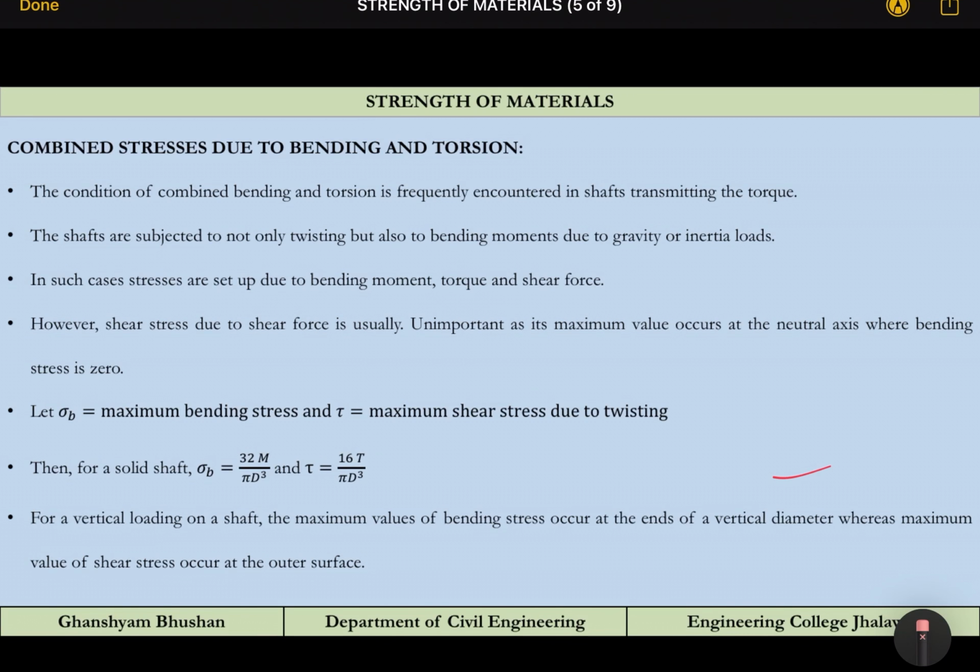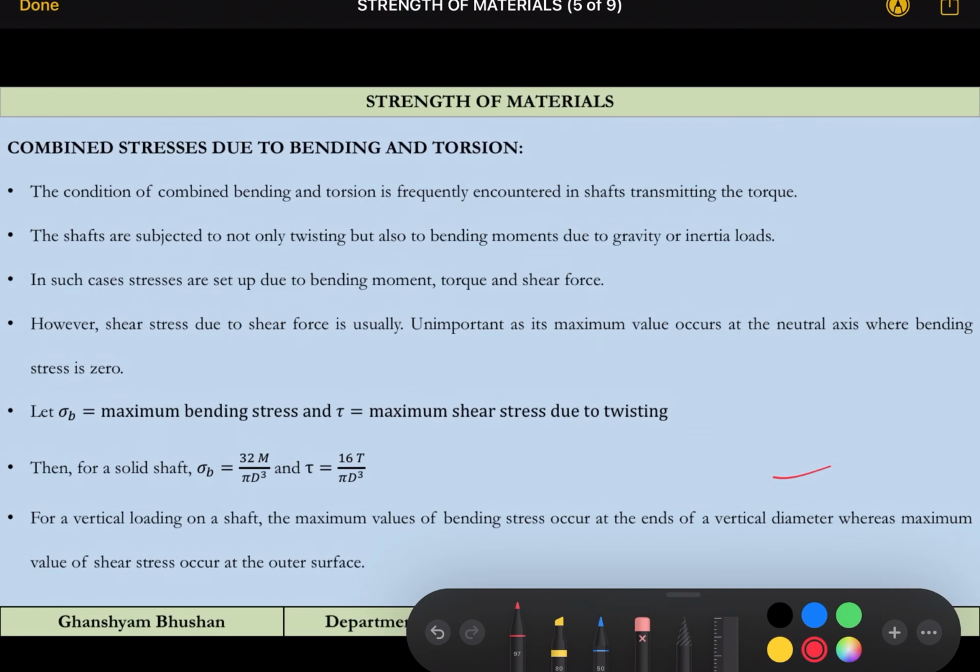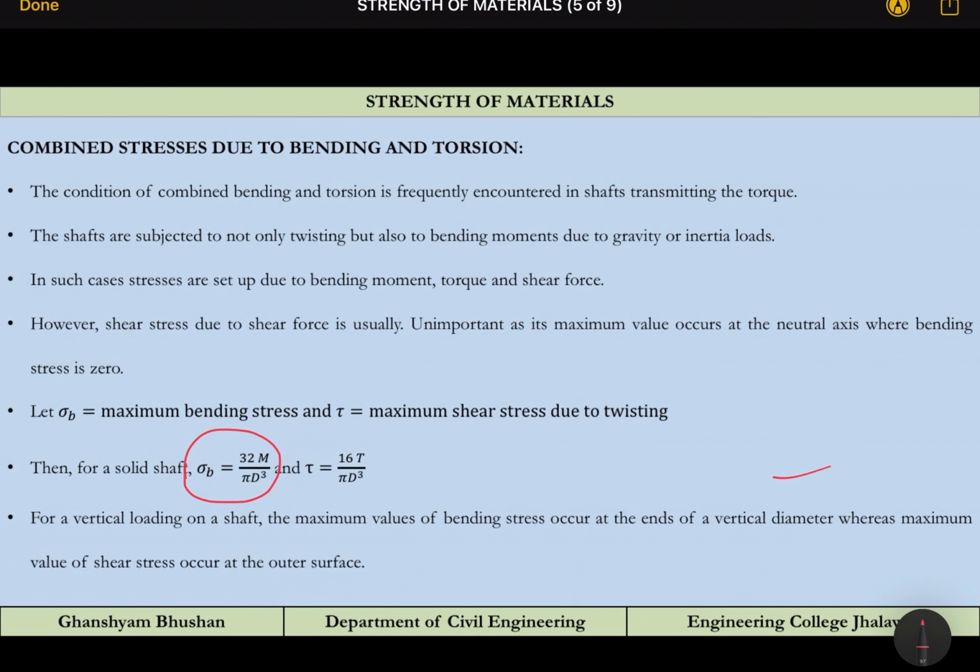So we know bending moment will generate a normal stress, and the torsion will generate a shear stress. Let sigma b be the maximum bending stress and tau the maximum shear stress due to twisting. For a solid shaft, sigma b will be equal to 32 M by pi d cube and tau will be 16 T upon pi d cube.